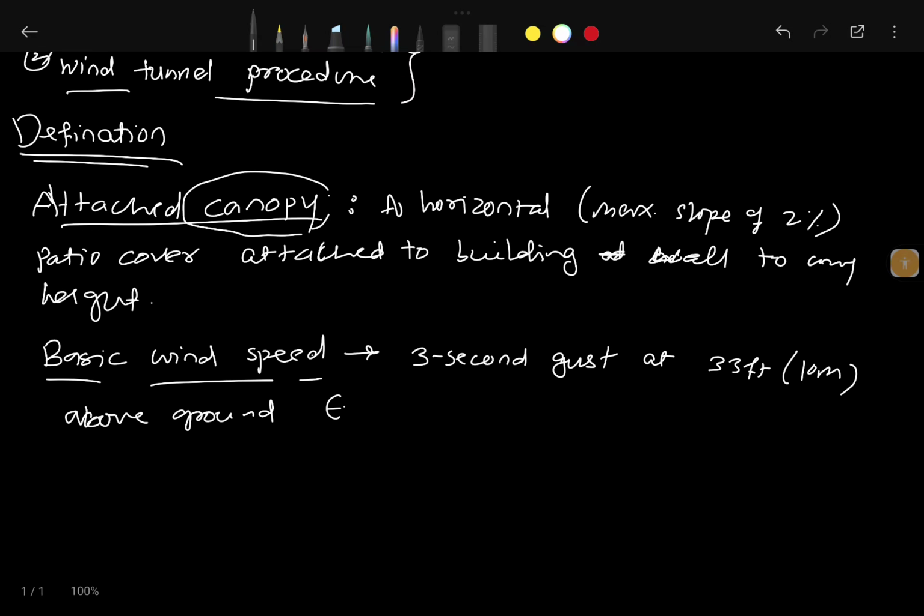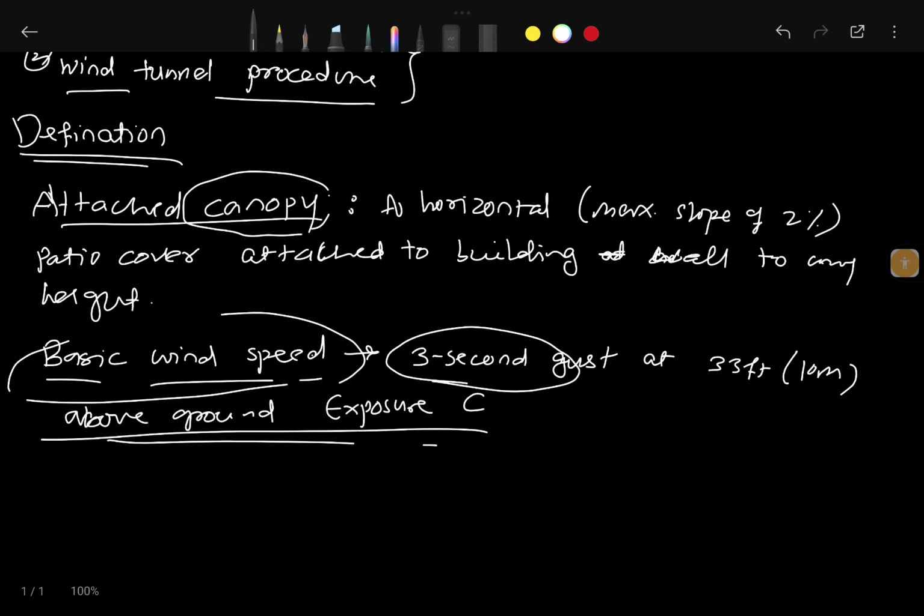We use exposure category C. So for the basic wind calculation, we consider these three important things: 3-second gust, 10-meter height, and exposure category. What type of exposure is given for that structure?